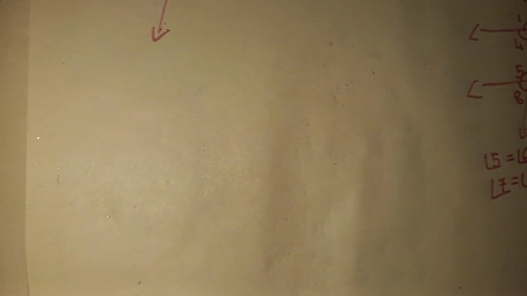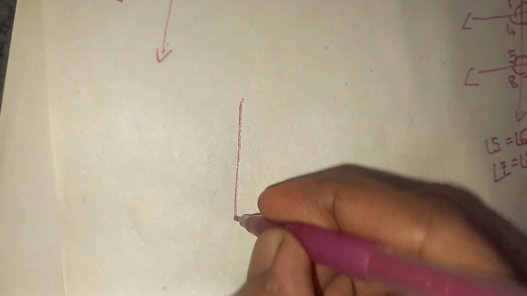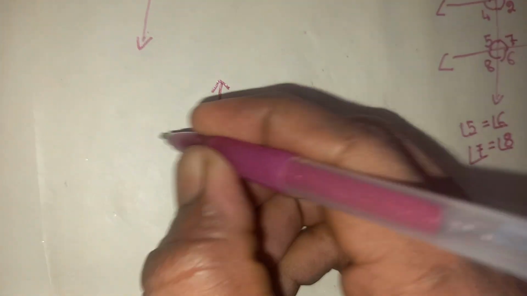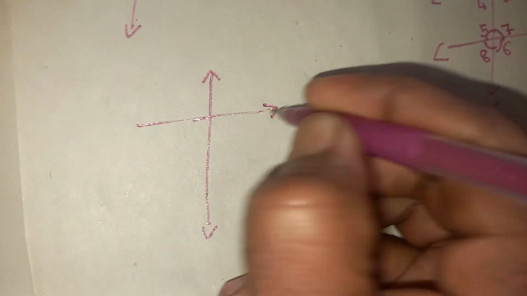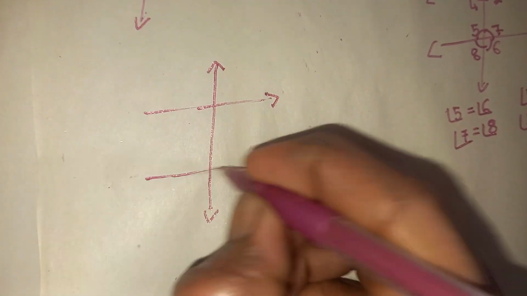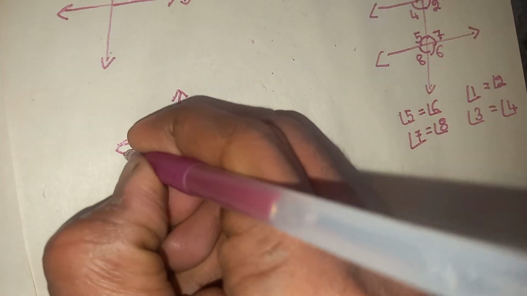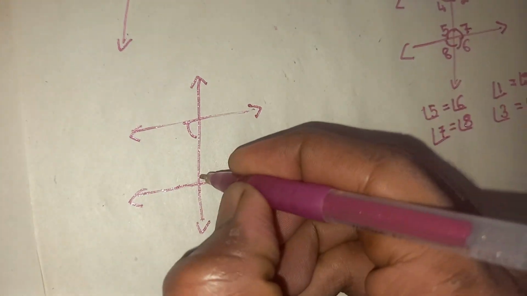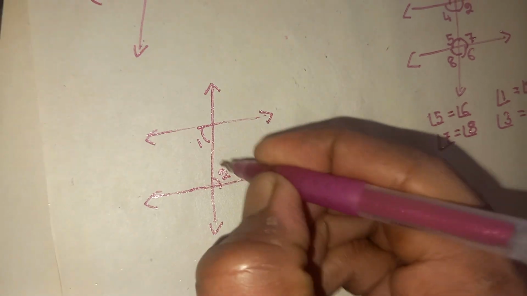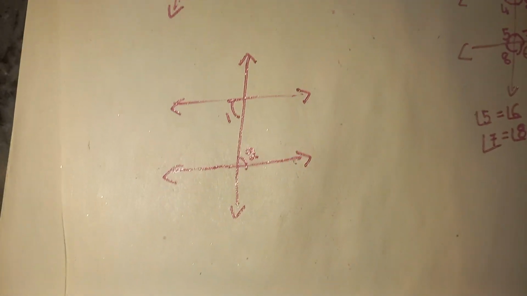Now I'm going to tell about alternating angles, among them alternating interior and alternating exterior angles. Now I will tell what they are. If you take these two parallel lines, these two angles, angle 1 and 2, are known as alternating interior angles.